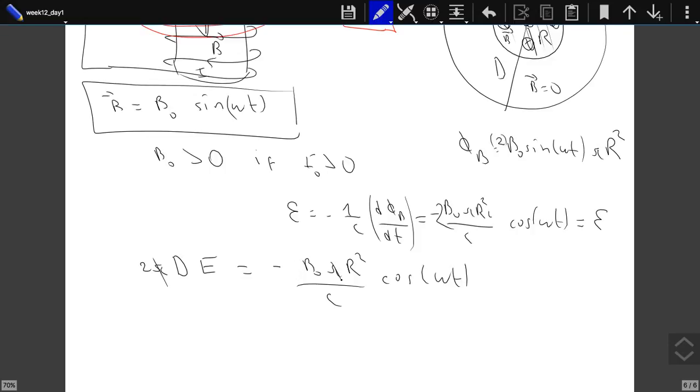Pi is cancelled. So there will be an electric field which will be given by minus b0 r squared over 2c cosine omega t over d. It will be going around my solenoid. Is there omega? Yes, omega.